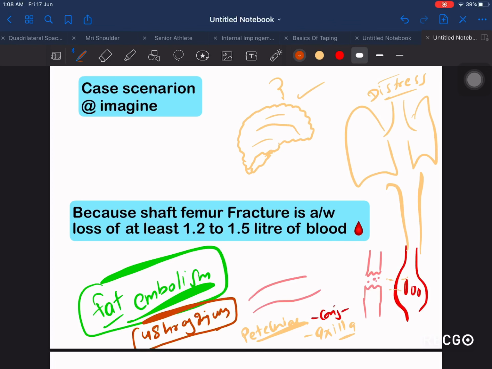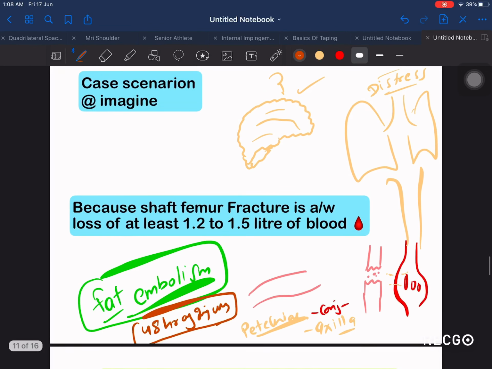Now, the important question that arises here is about the Thomas splint. Whenever a patient comes to the casualty, some residents in some institutions directly put the limb into a Thomas splint.